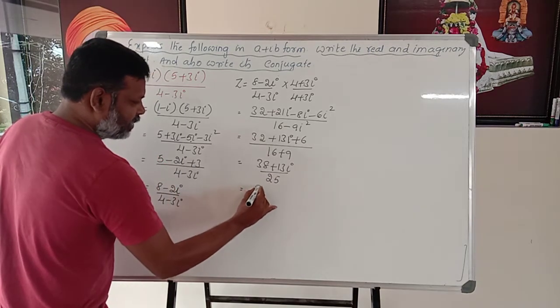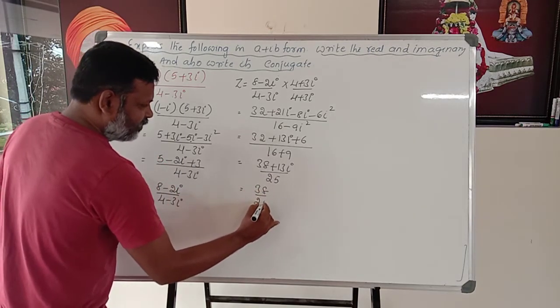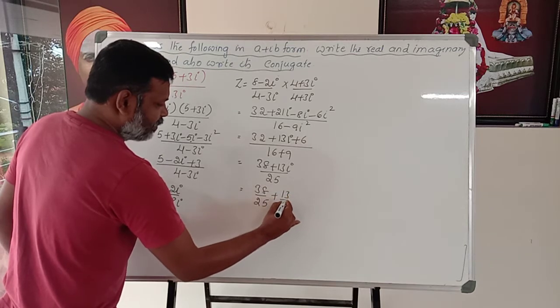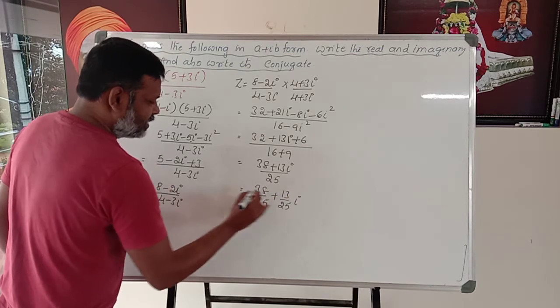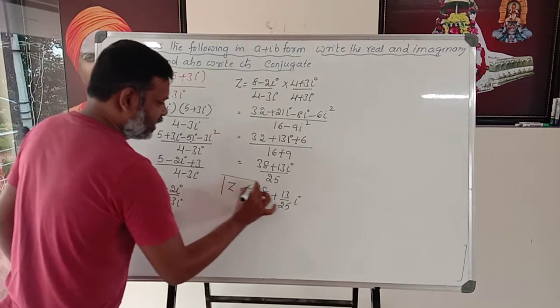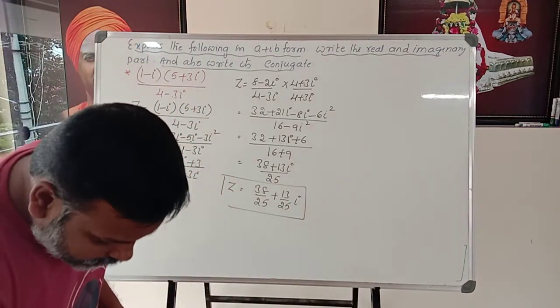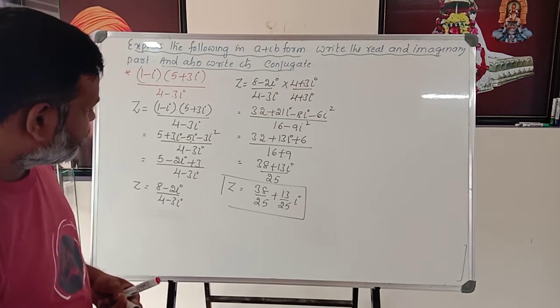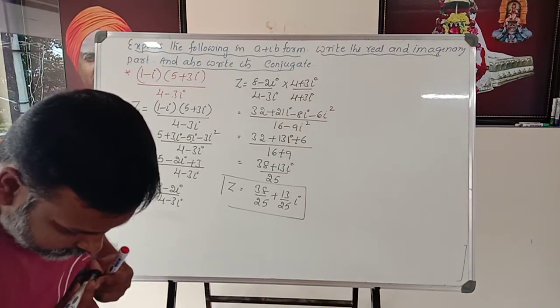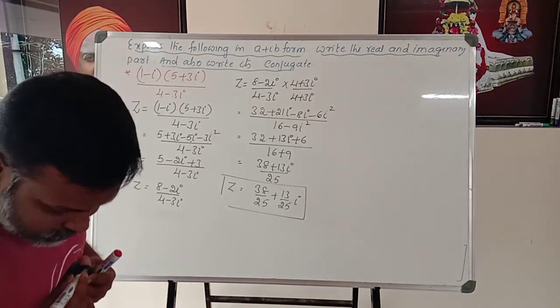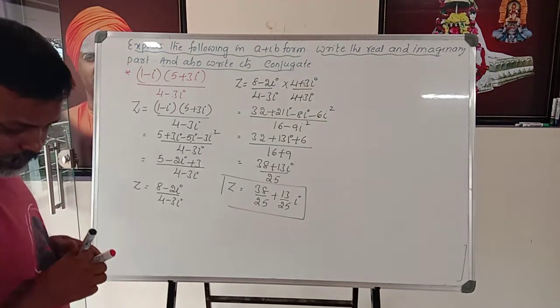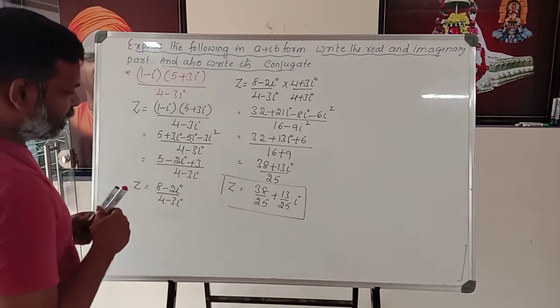So now this becomes 38 divided by 25 plus 16 divided by 25 i. This is how the given expression is converted into the form a plus ib.